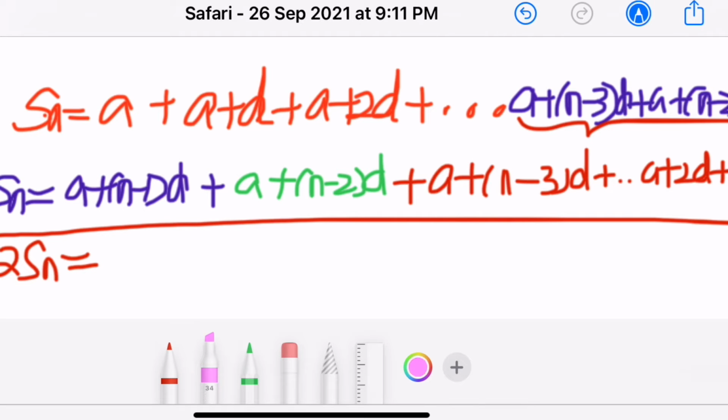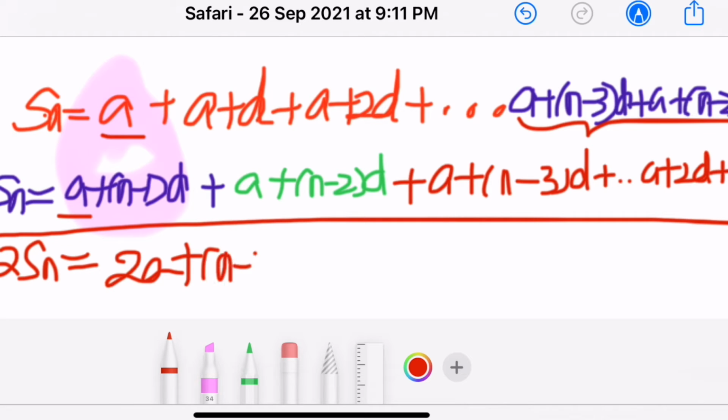Now I want you to focus on this one. If I add this, I will get 2a, and a plus n minus 1d. If I add these two, I still get a plus a, which is 2a also.